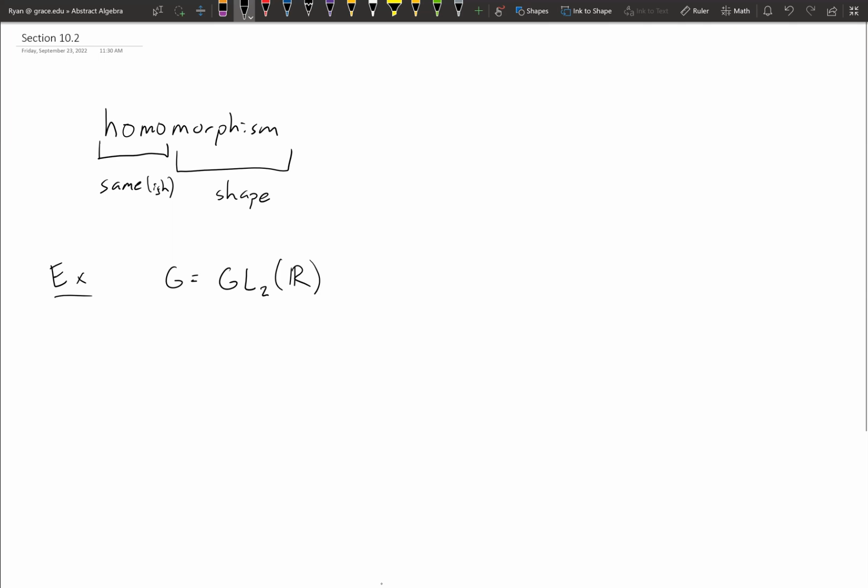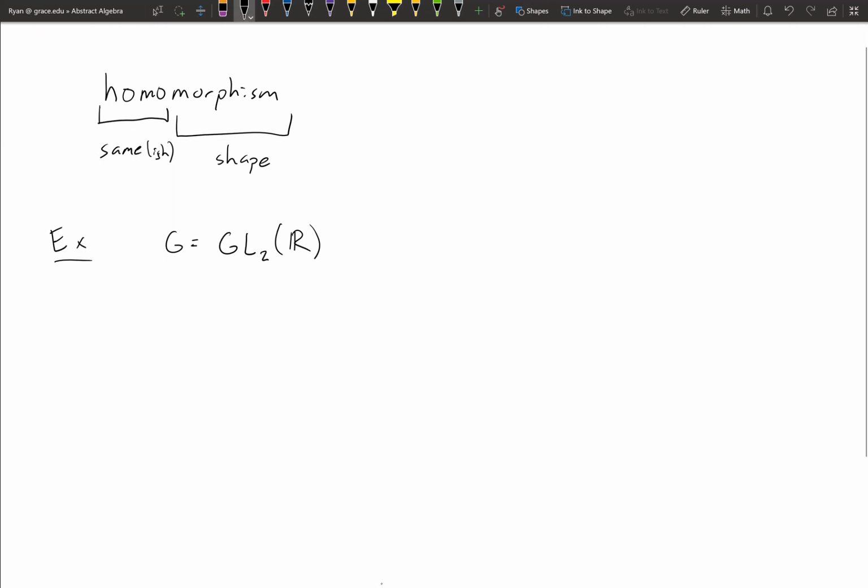And we can define a function from G to the real numbers without 0, which sends a matrix A, B, C, D to its determinant, AD minus BC. In fact, I shouldn't even name it phi, I should just name it determinant.